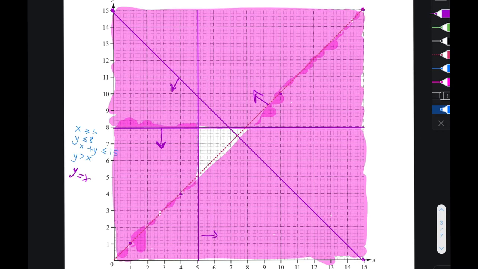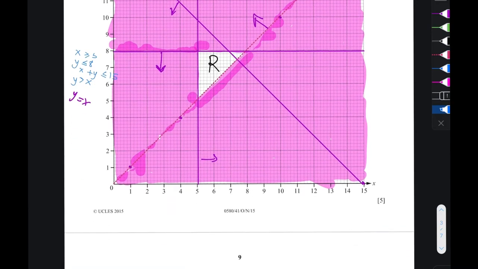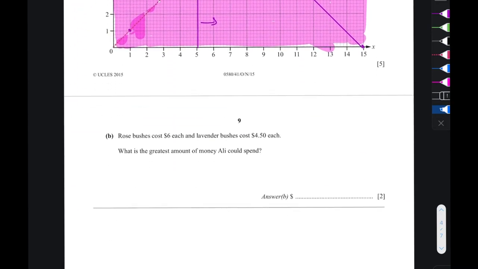Now this region, ladies and gentlemen, is the region that we will name R. Maybe I can beautify it a little bit. Okay, I think we now have a perfect shading. Then we are told that the rose bushes cost 6.